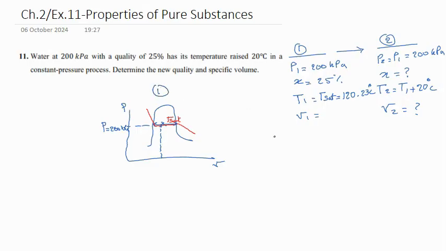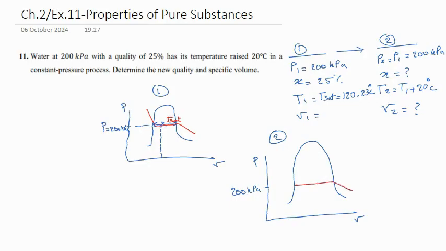If we look at state number 2, assuming the same pressure specific volume chart at 200 kilopascal, drawing the temperature constant line, this is the 120.23 degrees Celsius.